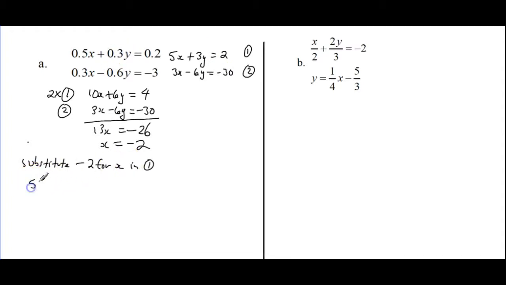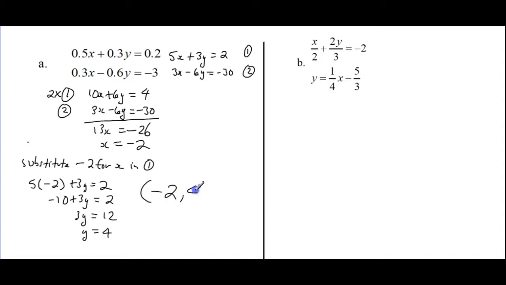So we get 5 times negative 2 plus 3y equals 2. Negative 10 plus 3y is equal to 2. 3y is equal to 12. And y is equal to 4, giving me a solution of negative 2 comma 4.